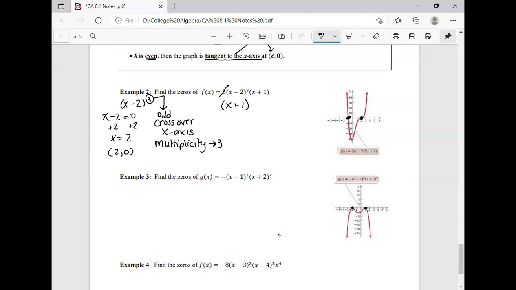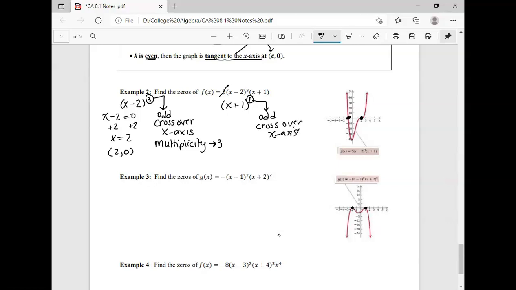Okay, this doesn't have an exponent up here. So what would be the exponent if there were one? It would have to be a 1, right? So x plus 1 just means that you only have it listed 1 time if there's no exponent there. So this is odd, which means that at whatever point this is, it's going to cross over the x-axis.